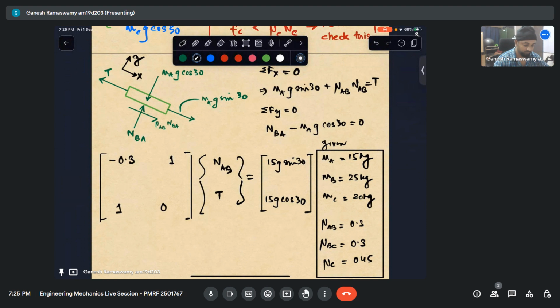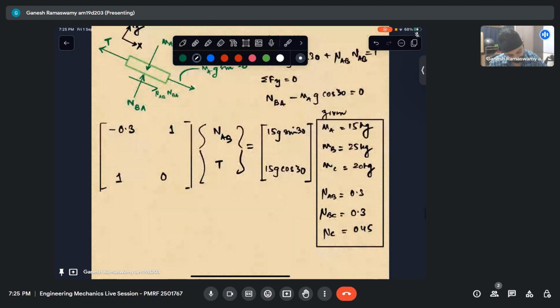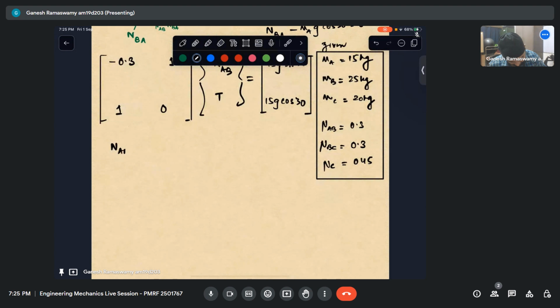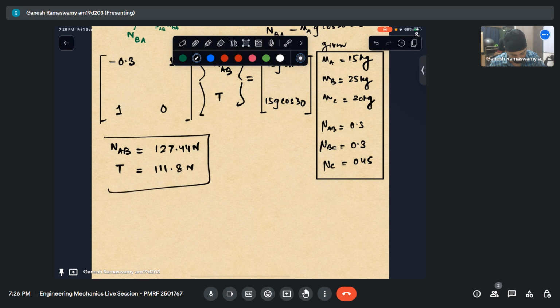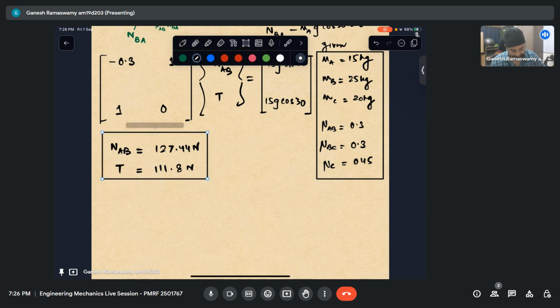So this comes out to be N_AB comes out to be 127.44 rather, and tension comes out to be 111.8 Newton. So this much we have got so far by solving one of the free body diagrams.